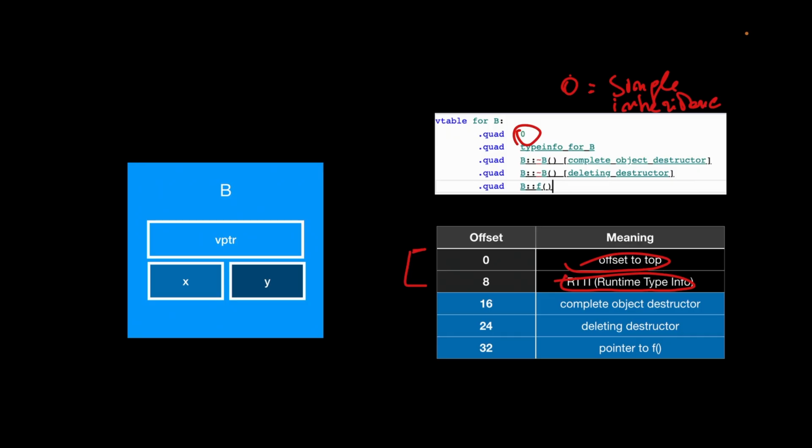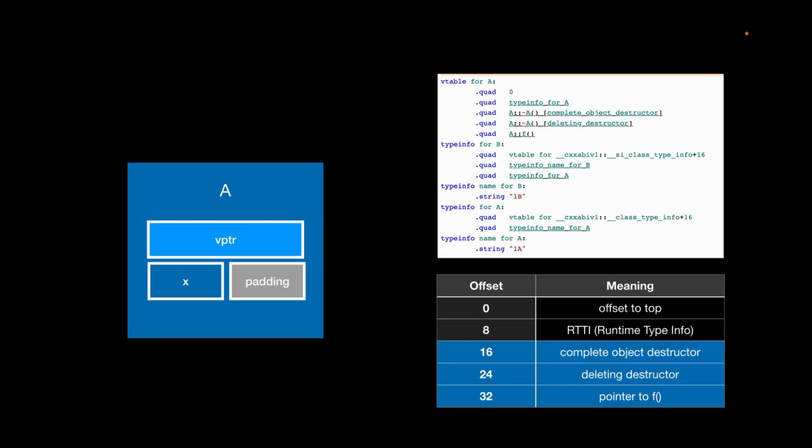The virtual pointer, when it's loaded, doesn't start at 0, but at the first entry of the virtual table. So the first overridden function, in our case, is the complete object destructor. Similarly, for A we have a similar layout.